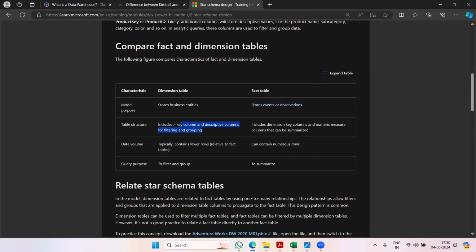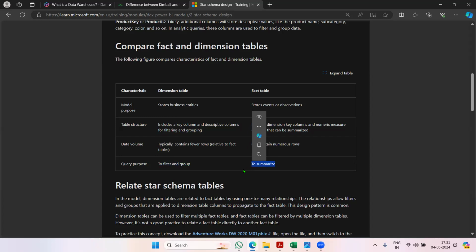They include key columns and descriptive columns for filtering and grouping, and numeric values. A dimension table typically contains fewer rows, because employee information and product information don't change frequently. A fact table contains numerous rows, like transactions and observations. Dimension tables are used for filtering and grouping, whereas fact tables are used for summarizing, right?